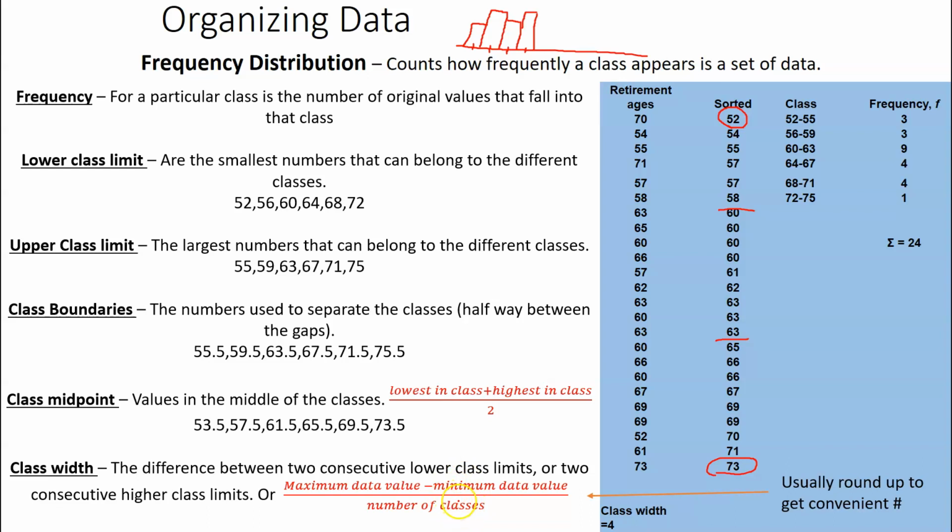So if you're on an assignment or a test and I tell you to use this many classes, you most likely can't use your graphing calculator, because it chooses how many classes it wants to put it into. So it's a little bit frustrating in that sense, because it's really easy to use, but it's easy because of the lack of choices you're given.